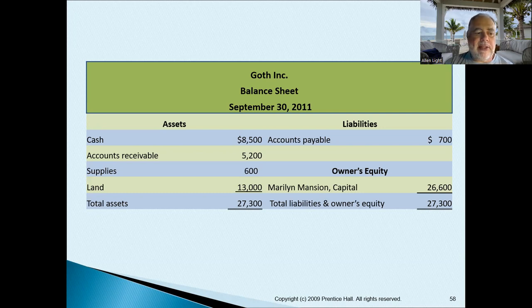The order of which things are added to the balance sheet is based on their liquidity. In other words, how fast can these be turned into cash? So cash, already being that, is first. Accounts receivable is going to be second, and so on down the line. As we start getting 10, 20, 30 different accounts under assets, we're going to list them as far as how quickly they can be turned to cash.